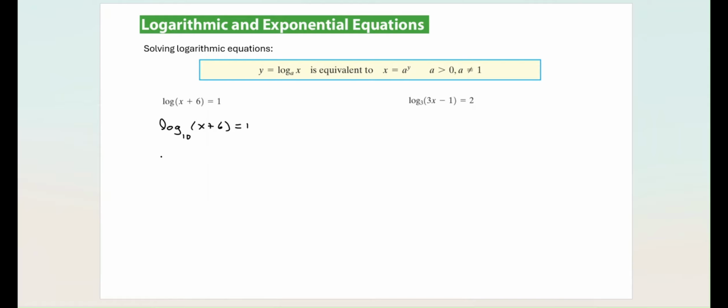So you can say that 10 to the 1 is equal to x plus 6. So 10 to the 1 is 10, so 10 equals x plus 6. You solve for x, so you get 10 minus 6 equals x, so x equals 4. So you have now that x is equal to 4.